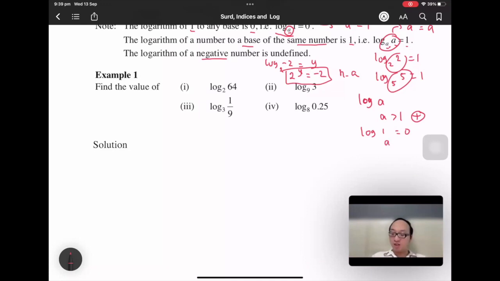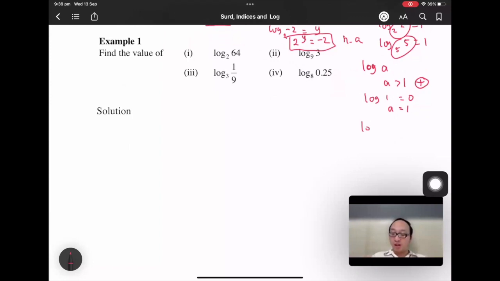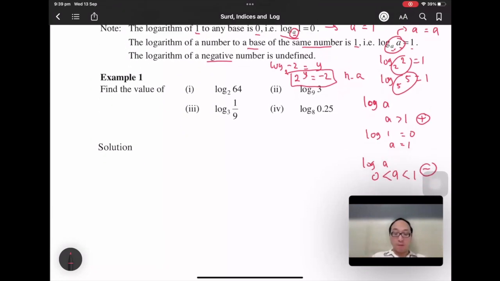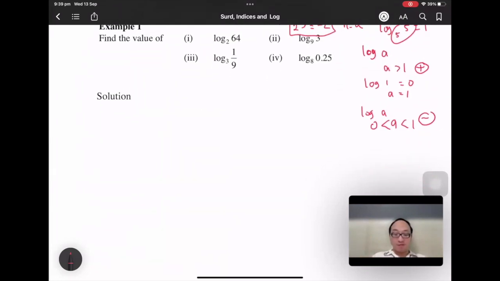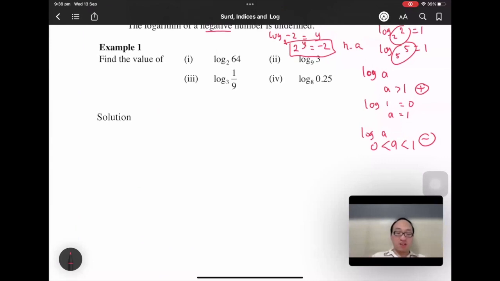So if a equals 1, the result will be 0. And if log a for a smaller than 1 but greater than 0, it will be a negative number. We can see from the example.